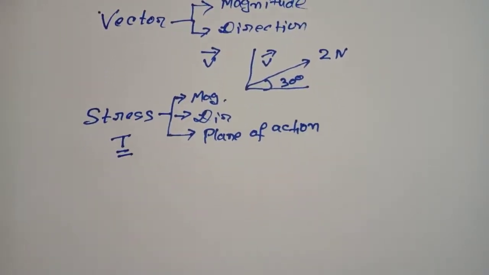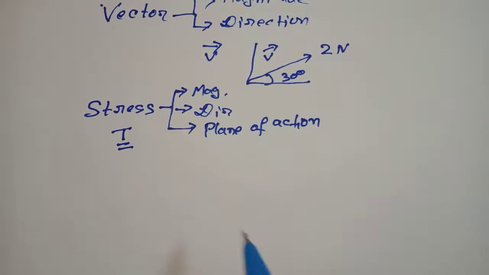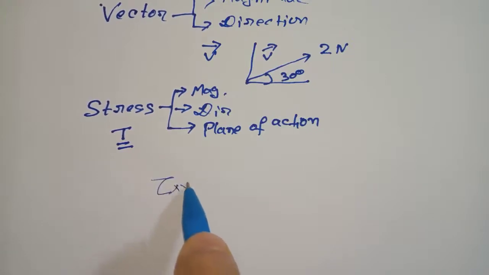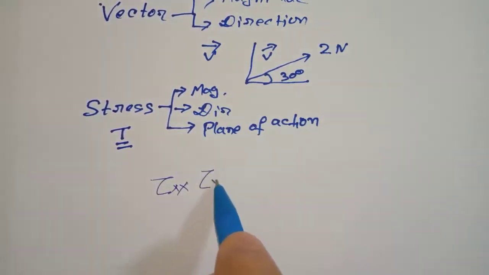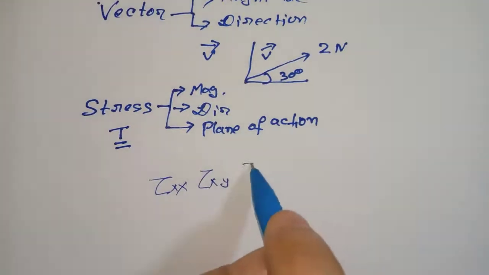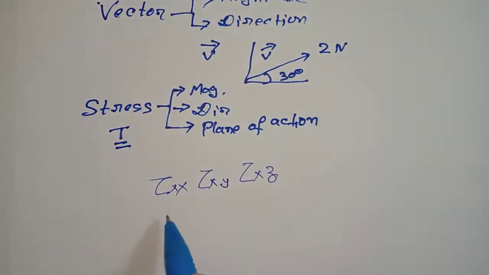Just a quick recap on the indices that we have written earlier. Let us say we have tau xx, tau xy, and tau xz. This is just a quick revision, and it is important.